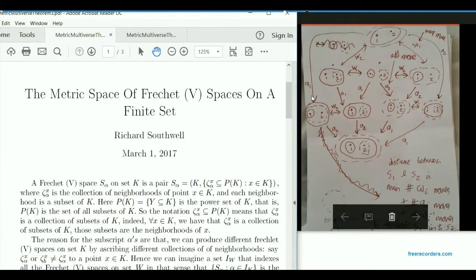The minimum number of these perturbation moves you need to convert Fréchet space S1 into Fréchet space S2, and I think that basically defines a metric.